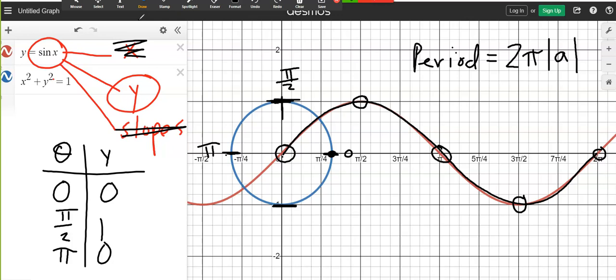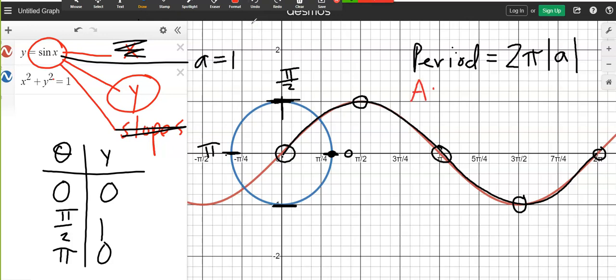But in the case of a sine function, the a value equals 1, therefore there's no stretch or shrink. This particular sine function is just a plain generic sine function. So 2 pi times the absolute value of 1 is still 2 pi, in case it's a negative multiplier.